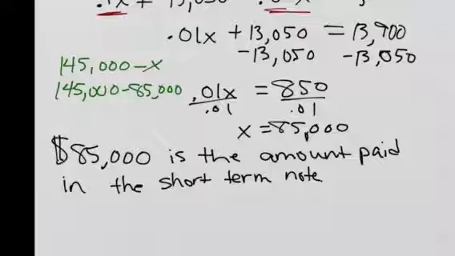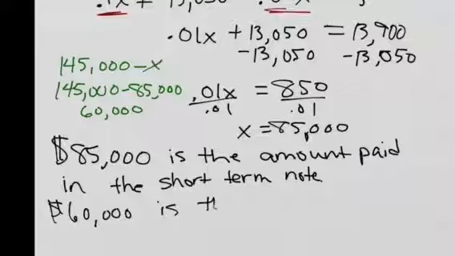So that leaves us with $60,000. So we would say that $60,000 is the amount paid in the long-term note.